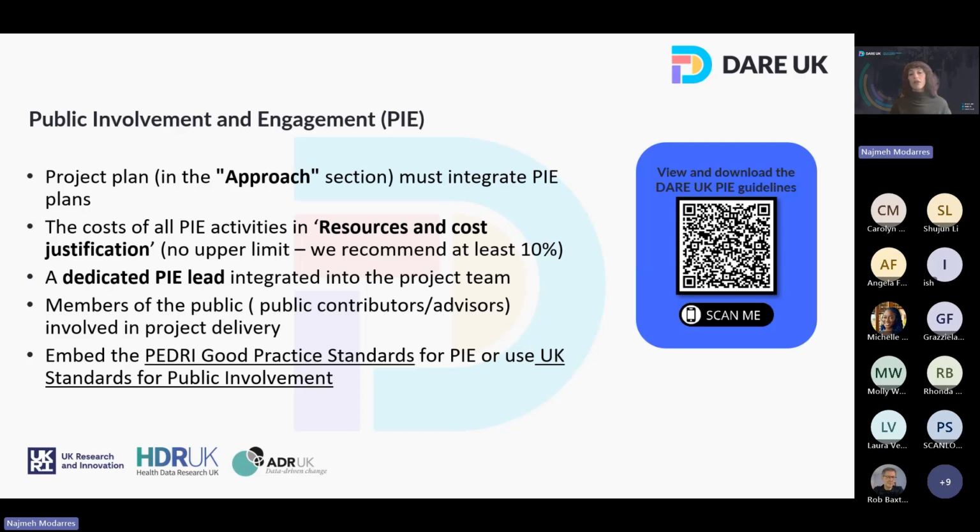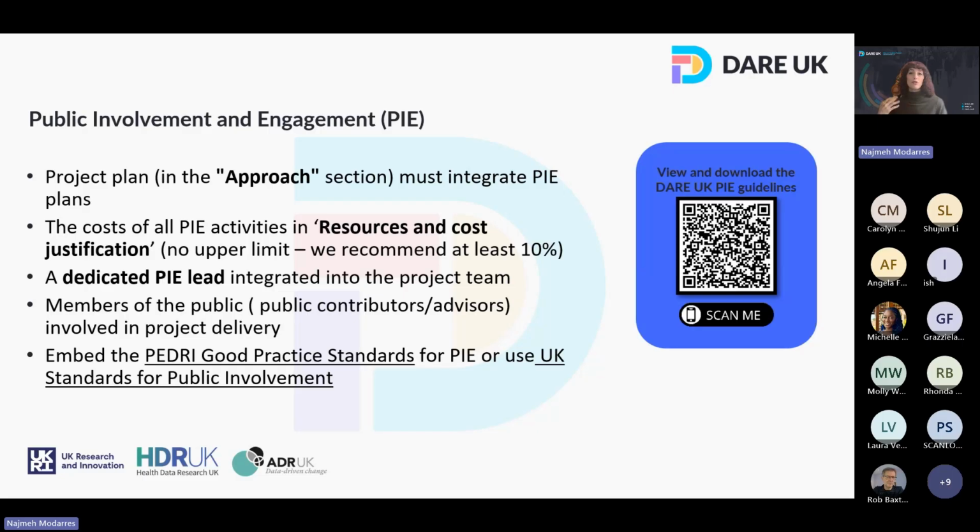So again, when you're on the UKRI site, there is an approach section, and this is where essentially you're writing up the project plan and where you will be scored on your PIE. Under the cost and resources and cost justification, this is where we expect to see a costing of PIE activities.